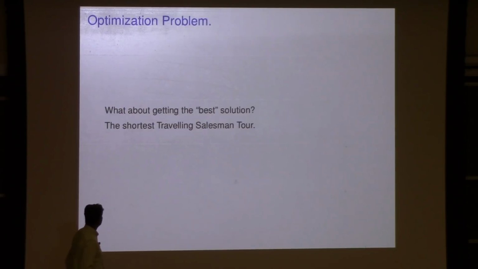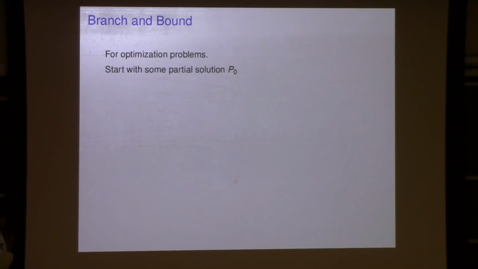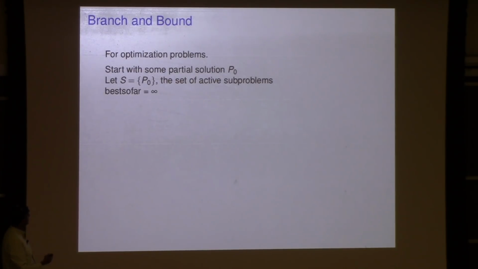Again, you start with the partial solution, and this is a generic algorithm. You let S equal the one problem, the set of active subproblems. The best so far is infinity. We're assuming we're trying to solve a minimization problem here, so the best so far isn't very good because infinity is very large. You repeat while S is non-empty.